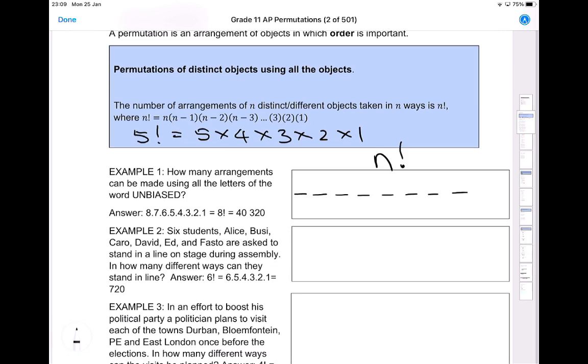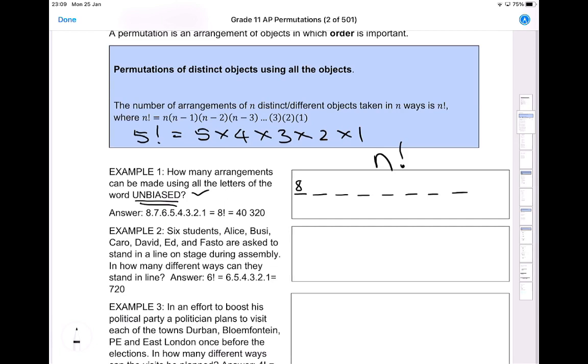Using those letters, we know that any one of those letters can take the first position. So we can put any letter in the first position. But how many letters do we have there? We said we have 8. So that will be 8 different ways of filling up the first position.